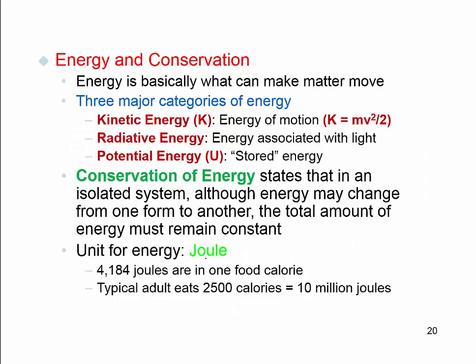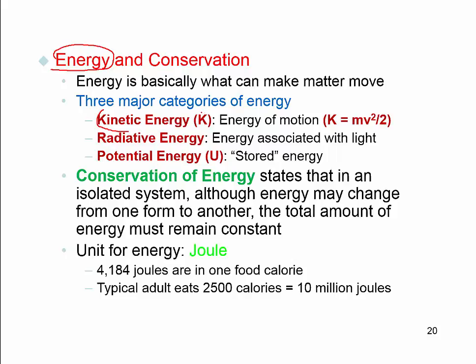All right. Now, we talked about conservation of linear momentum and conservation of angular momentum. There is also another quantity that is conserved, that is energy. Well, energy comes in three major categories.